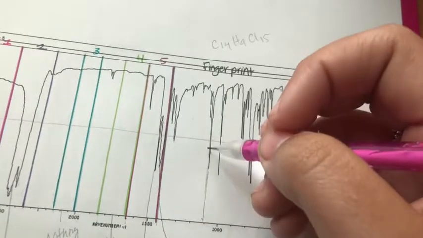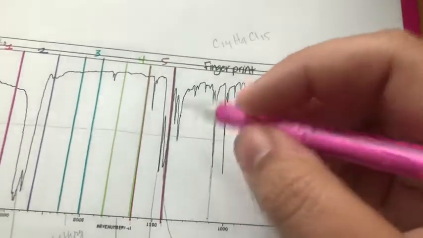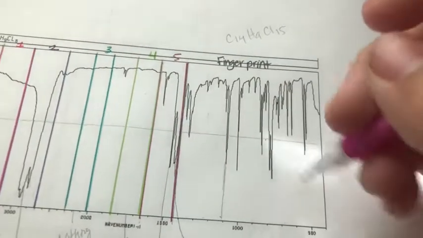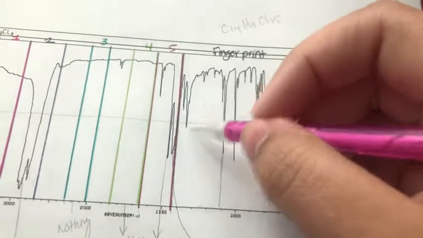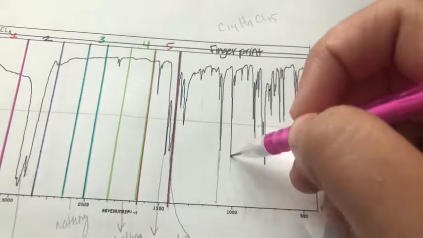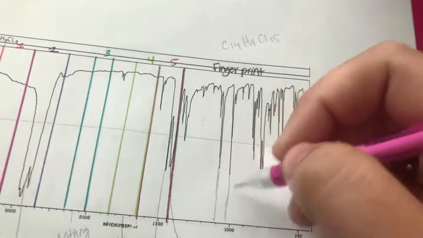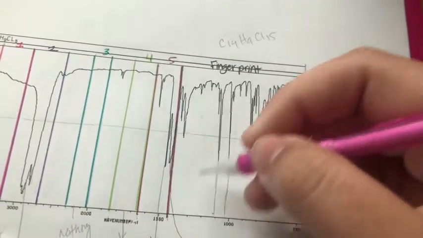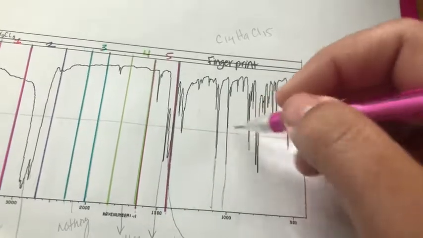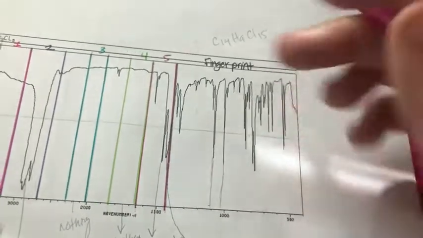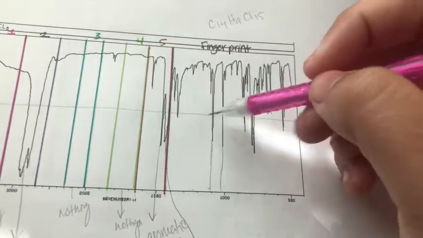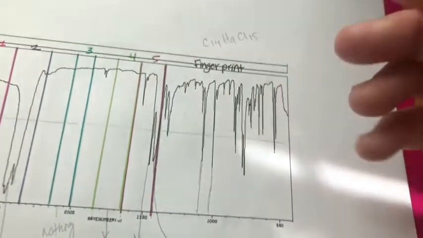And then these peaks, again, when looking at our compound, don't really give us anything, because these are indicators of having any oxygens or nitrogens in the compound, and we don't have that.